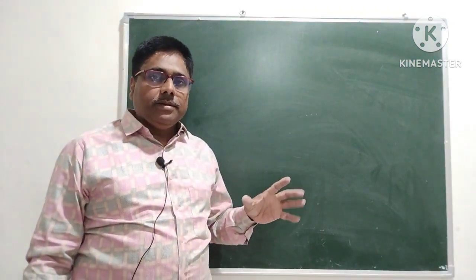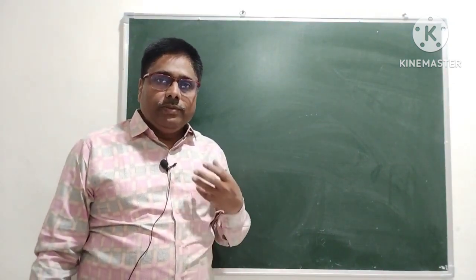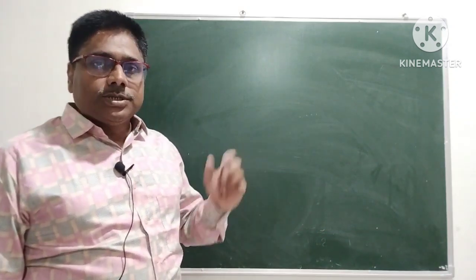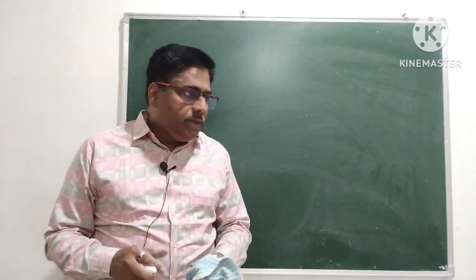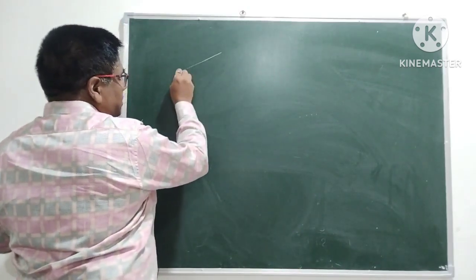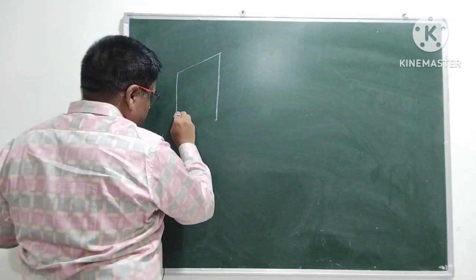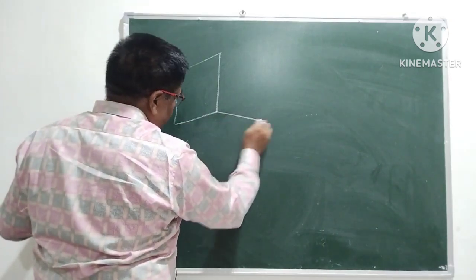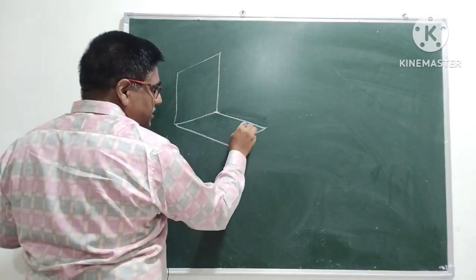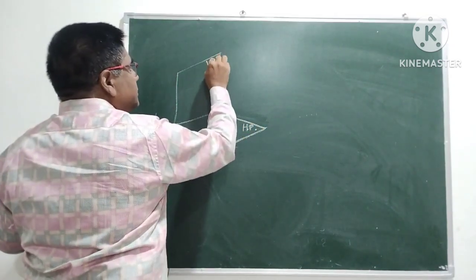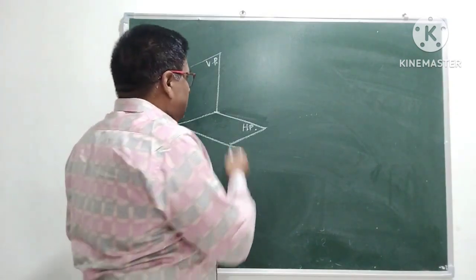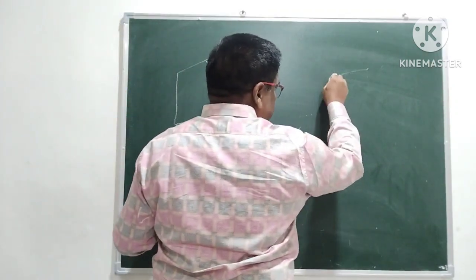But for the time being, in this video, we will discuss all four quadrants for the projection of point. Let us draw the quadrants. See, this is the horizontal plane and this is the vertical plane. How is this quadrant formed?